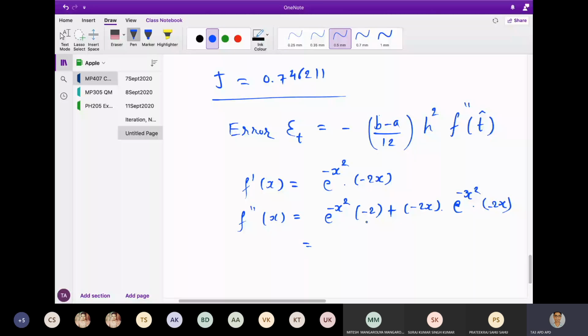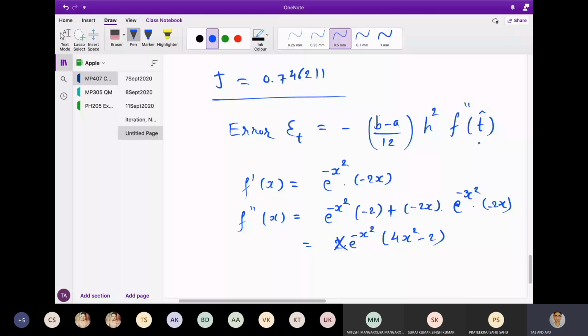So if I take 2 e raised to minus x square common out, then you are going to have 4x square minus 2.